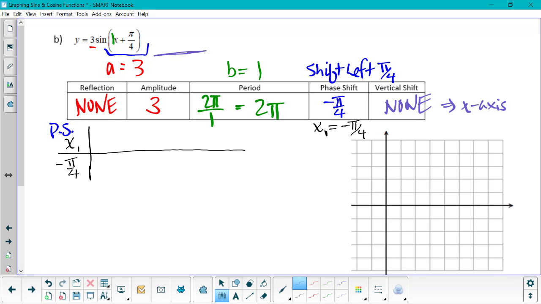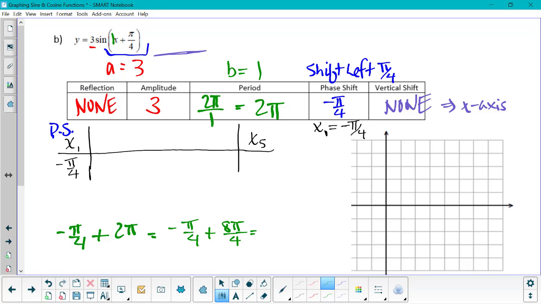Now, where is my last x value going to be at the end of the cycle? We have to take negative pi over 4 and add the period. The period is 2 pi. So I'm taking negative pi over 4, adding 2 pi, the cycle will end at 7 pi over 4.